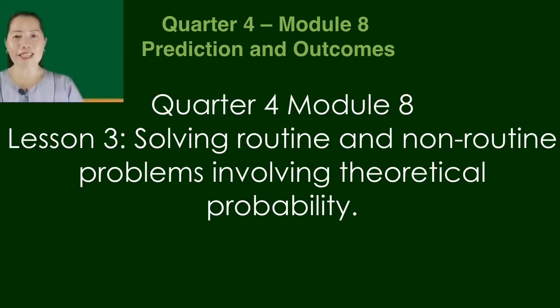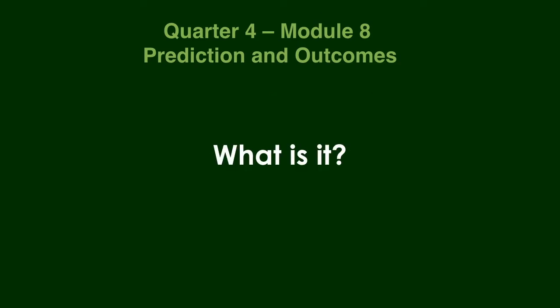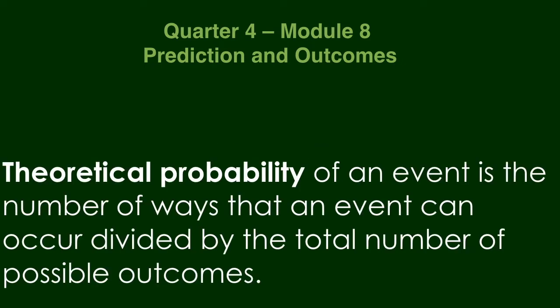That's right! Congratulations! Let's discuss the last lesson of Quarter 4, Module 8, solving routine and non-routine problems involving theoretical probability. Let's find out what is theoretical probability of an event and other terms used in this lesson. Theoretical probability of an event is the number of ways that an event can occur divided by the total number of possible outcomes.